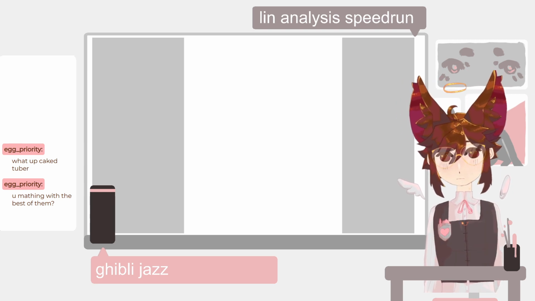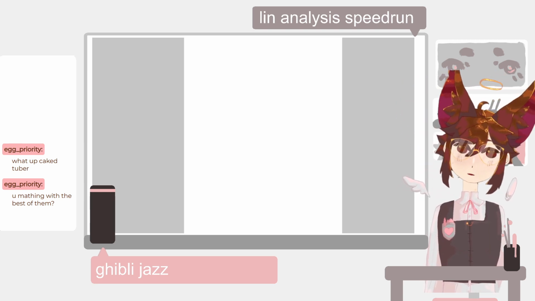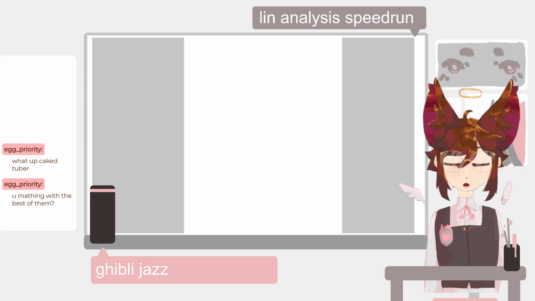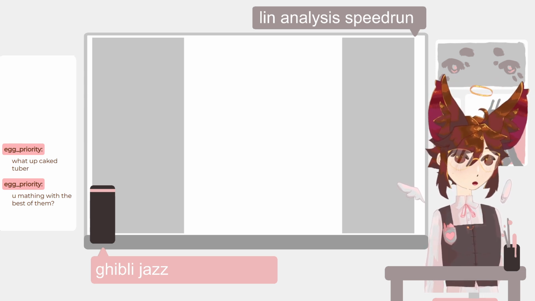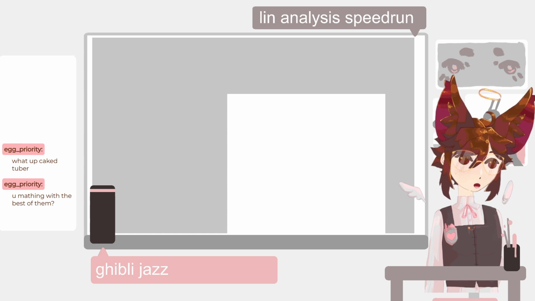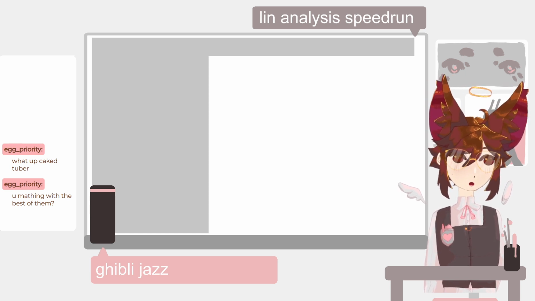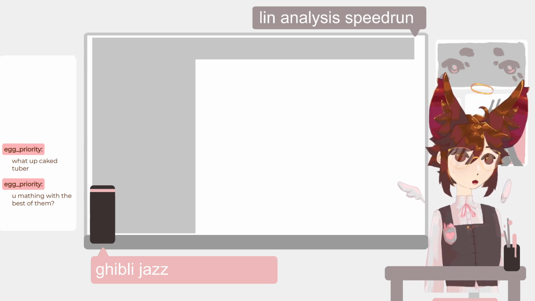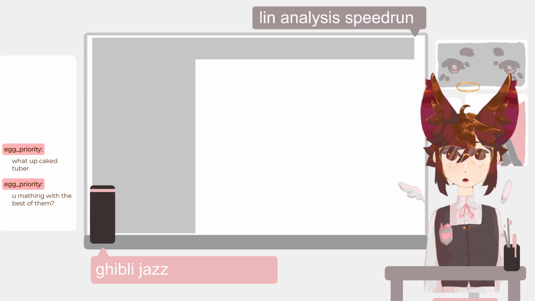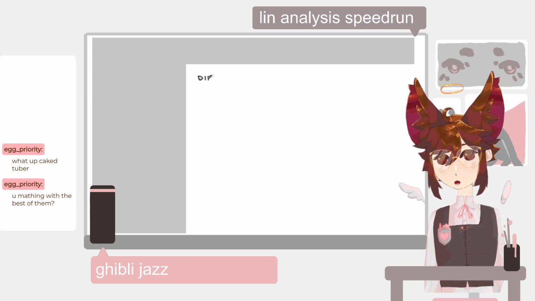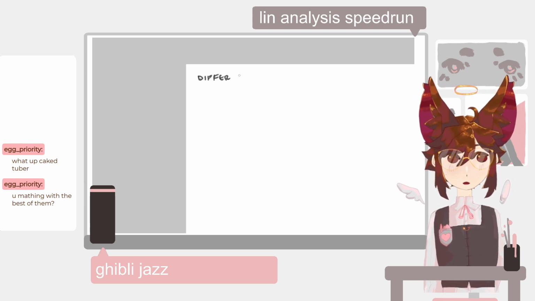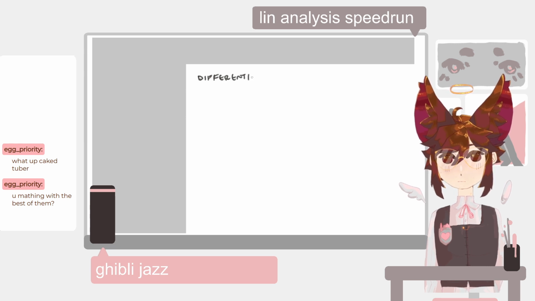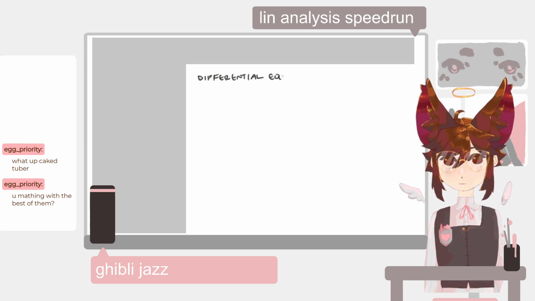So we're going to start with differential equations, which I wouldn't normally start with, but since I don't have the linear up to where the linear and differential collide, it's fine to just start with some differential equations.